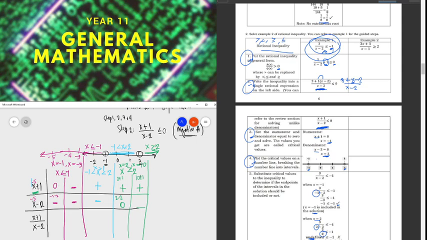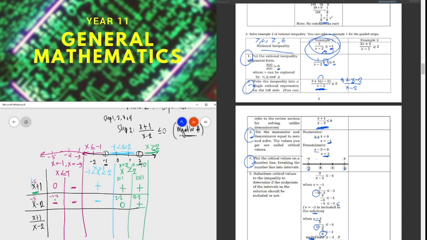Next, 10 minus 2 is, diba, 8, so it is positive. Okay, so as you can see in this table, you are just going to look at the sign: negative, positive, or 0.